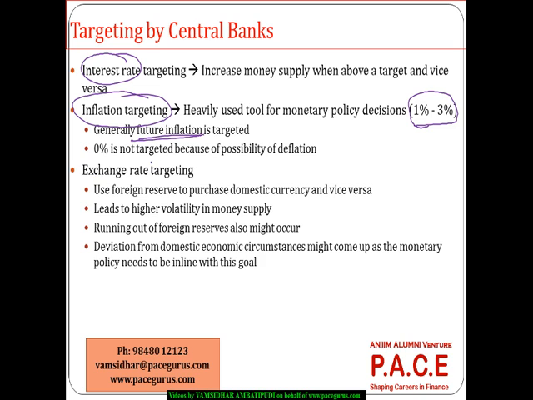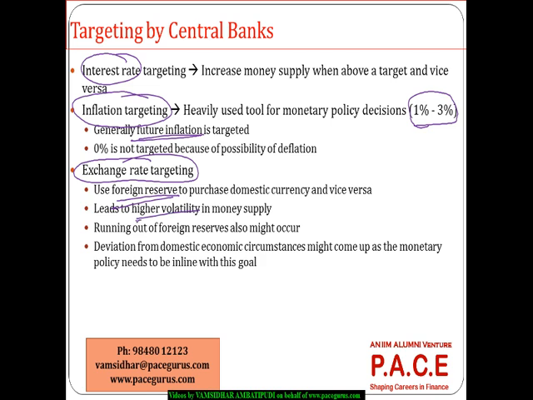And there are a few countries which go ahead with exchange rate targeting, wherein they simply use their foreign reserves to purchase the domestic currency, or sell the foreign reserves, or sell the domestic currency for foreign currency. Either way, they do a transaction with the foreign currency, and typically either increase or decrease the exchange rate so that it lies at a particular level.